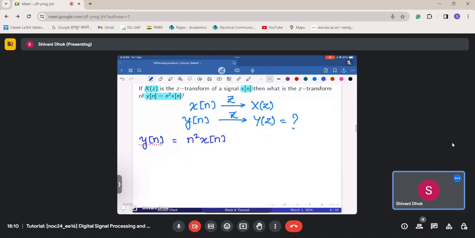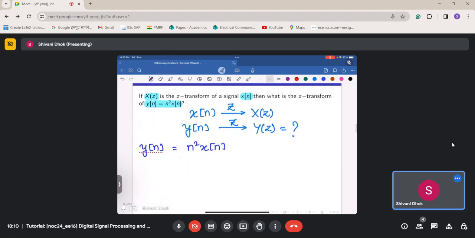Okay. Now recall the differentiation property.